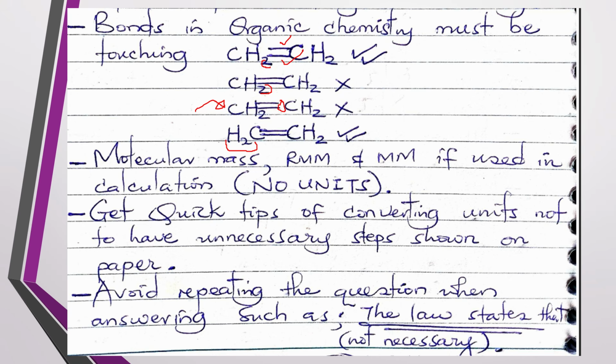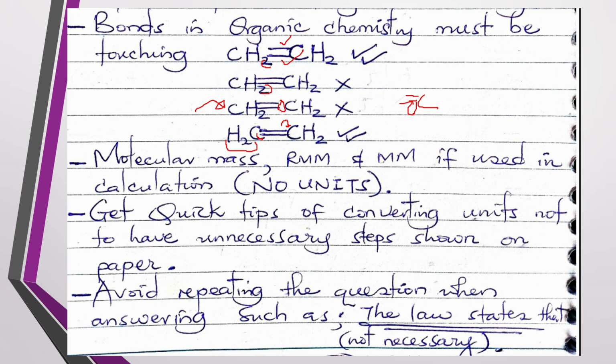For this one, the bonds must just enter the C, not go inside, and the other bonds on the other side must be touching, or they must be very close, but you shouldn't leave a lot of space. For example, this is very wrong. These bonds must be touching.